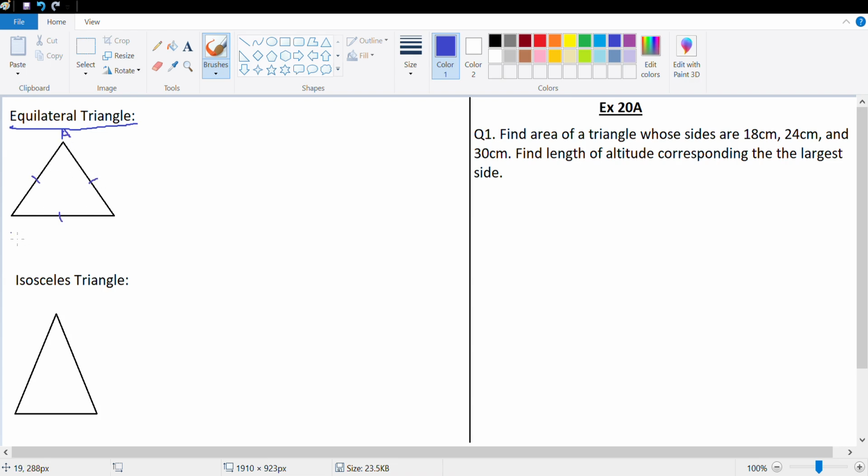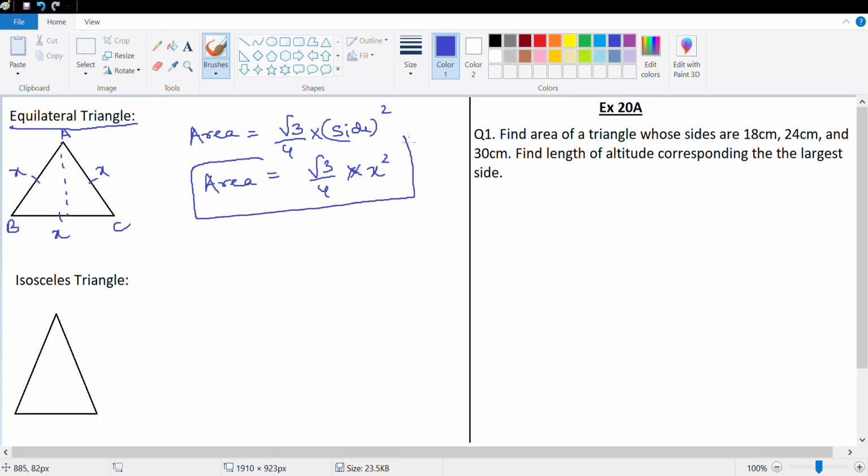Let this be A, B and C, and all three sides are X. If I use either my first formula, half base into height, which means I create a height here, or Heron's formula, I would notice that the area of a triangle would be equal to root 3 by 4 into side square. In this case, all sides are equal, which means root 3 by 4 x square. So that's the area of an equilateral triangle, a special one.